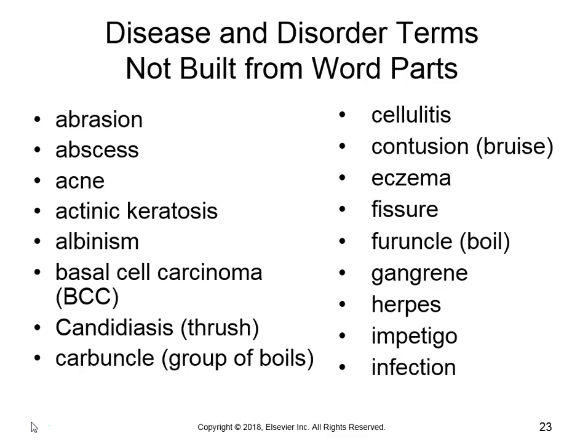But the reason we get acne is really that the sebaceous glands become inflamed or infected or whatever. So they create acne as a result. The next word is actinic keratosis, if I can pronounce that correctly.